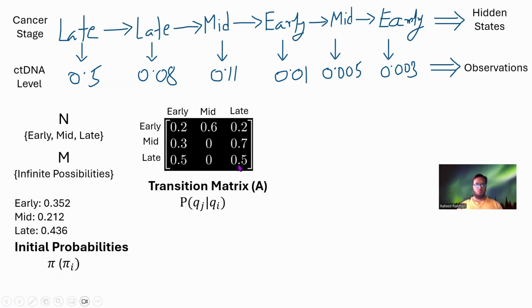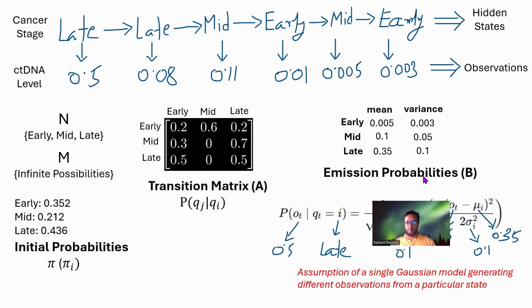Now, one thing that is different from the previous videos is what is called the emission probabilities. So emission probabilities were the probability of observing something given a particular state. Now, obviously, we cannot list those observations, so we cannot just make a table.